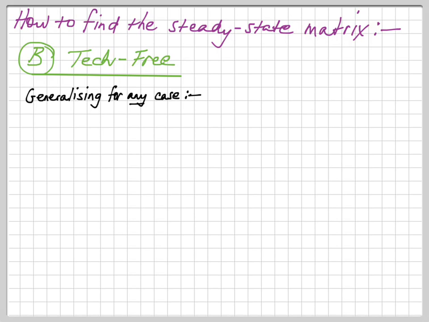We're generalising for any case whatsoever. And yes, we know that Tx equals x for steady state. Now, instead of using Big Pete's situation there, we're going to use A's and B's, pronumerals, okay? Because we're generalising, aren't we? Yes, we are. So that's going to be my A column. That's going to be my B column, guys, okay?